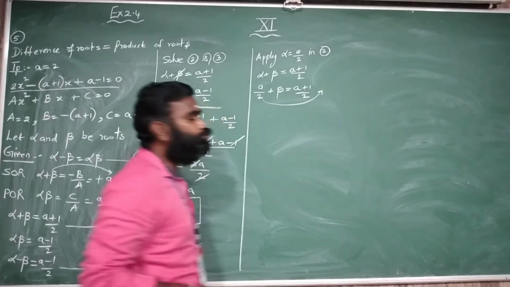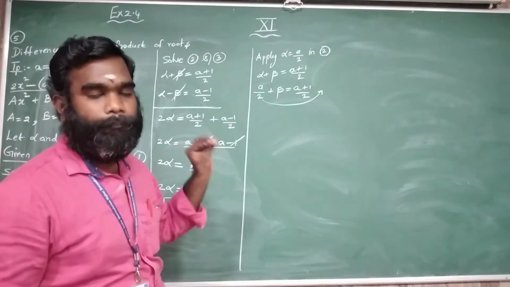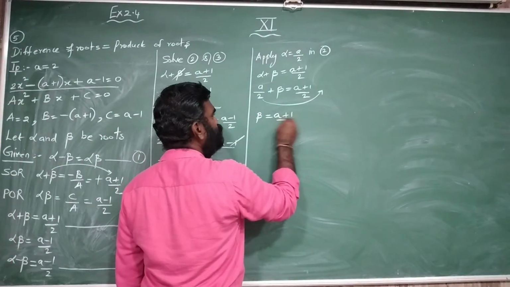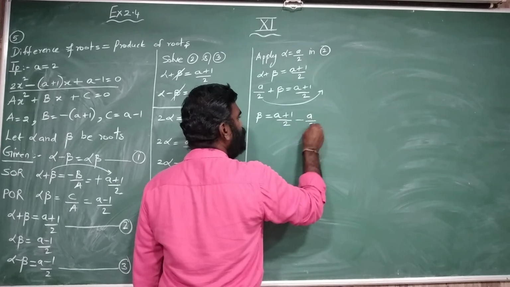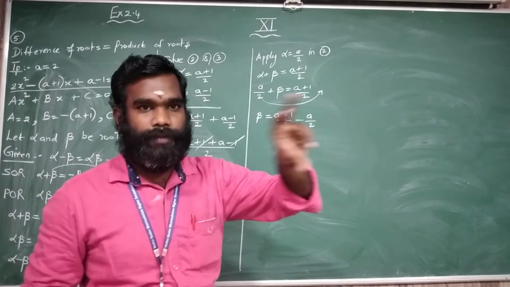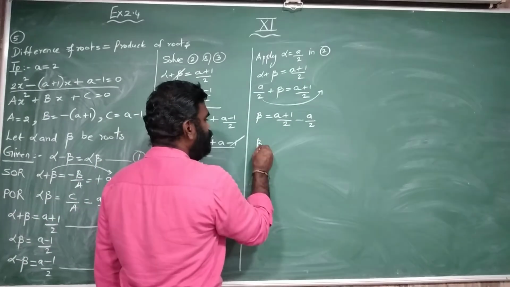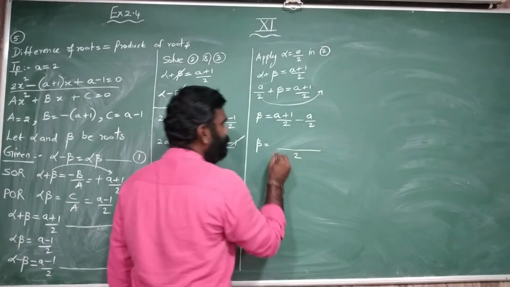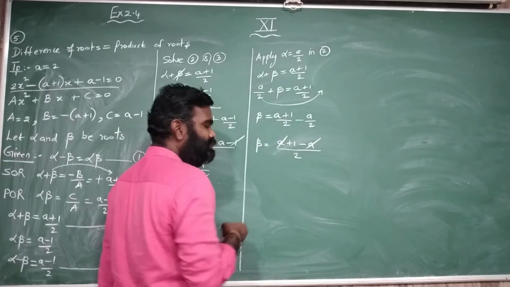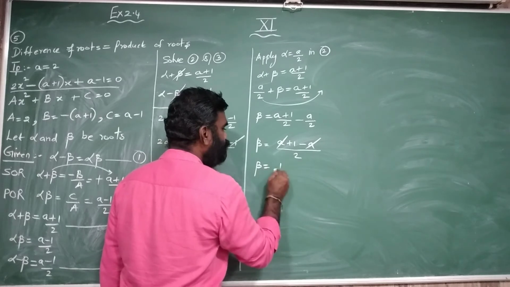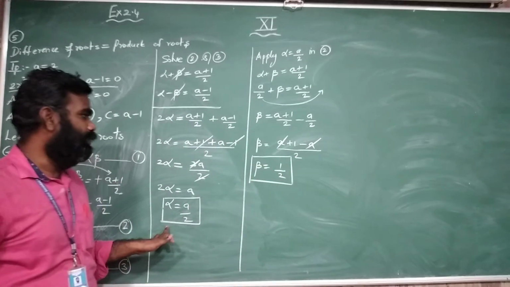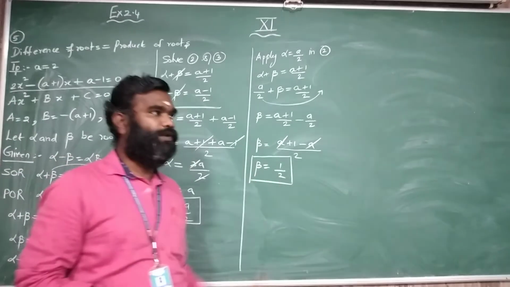Let a by 2 move towards the right-hand side, it becomes minus a by 2. Beta is equal to (a + 1) by 2 minus a by 2. Since the denominator is common for both the terms, I can put the same denominator. Beta is equal to (a + 1 − a) divided by 2. a minus a gets cancelled. Beta is equal to 1 by 2. Therefore, I have got the values of alpha and beta.